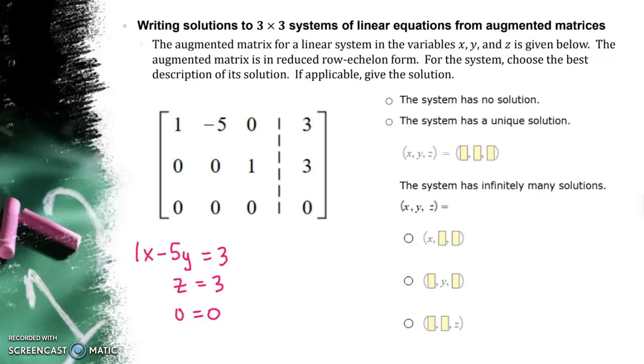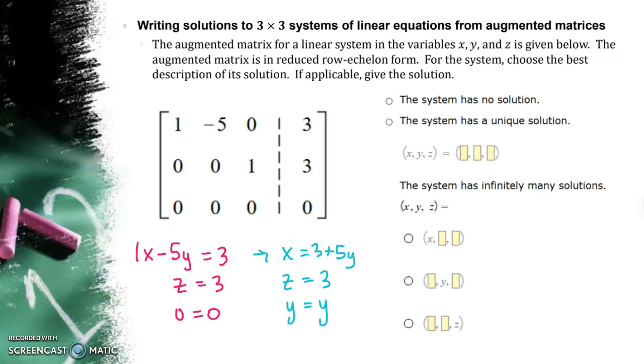What can I do with this information? Well, I could put everything in terms of y, because from here I can say x equals 3 plus 5y, z is going to equal 3, which has no y's in it, and then y is just going to equal y.